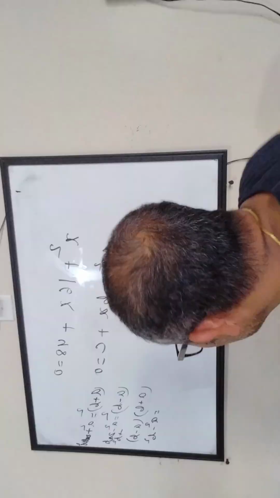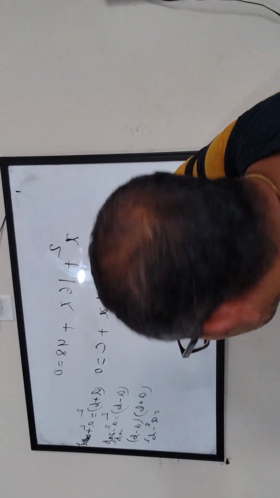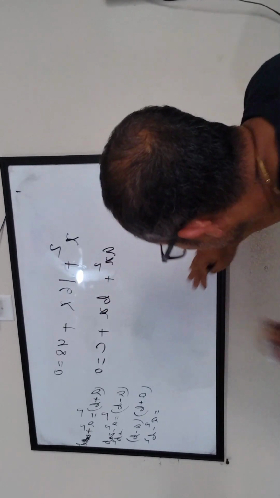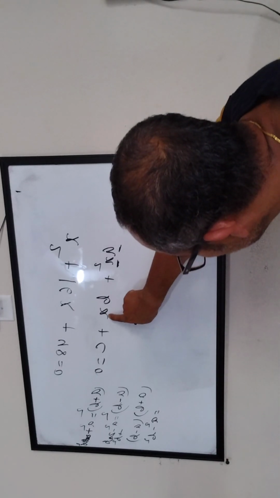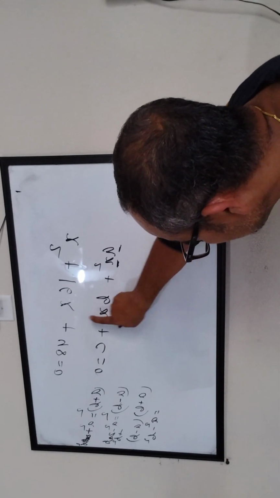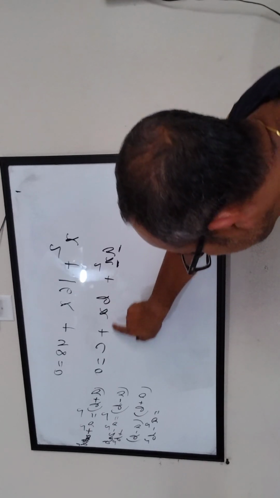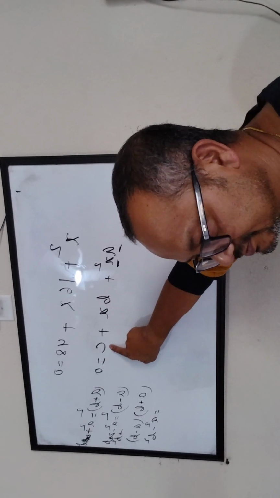If you look at the standard form of the quadratic equation, you have a coefficient for the x squared, a coefficient for the term with power 1, b, and the constant is your c.